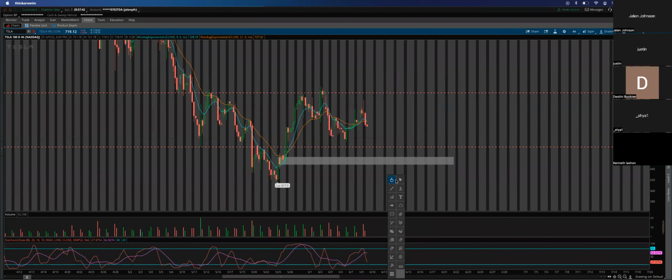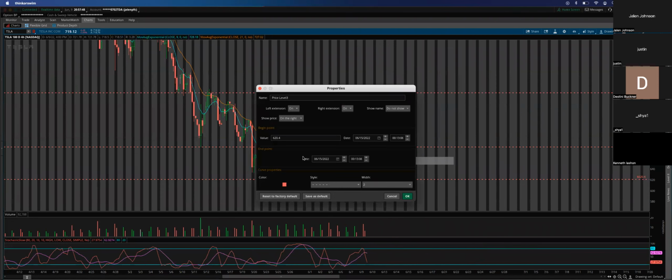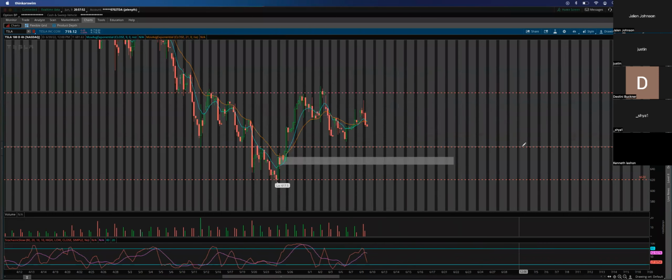And then what's this right here? That's 620.40, so I would just go ahead and make that 620. It just makes it look a little more professional. That's all. If you don't want to do all that, you don't have to, but it's definitely a lot easier trading whole numbers.